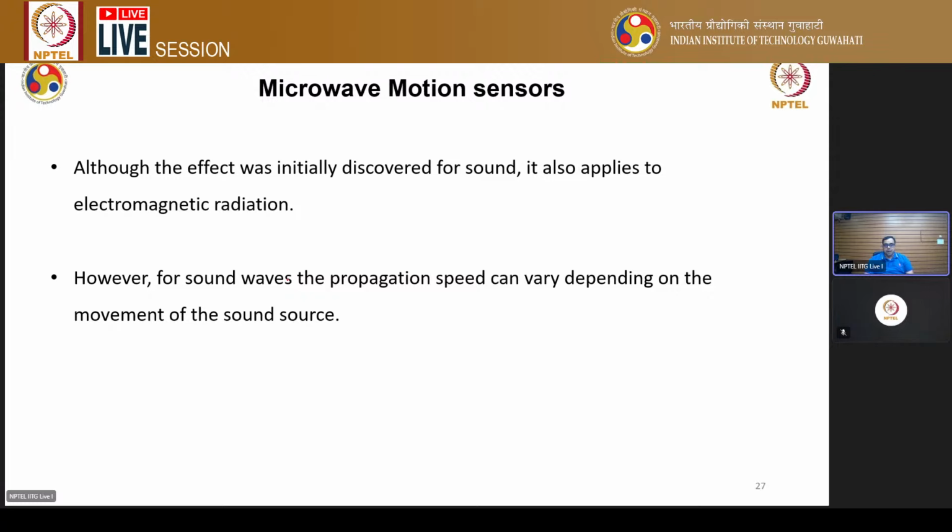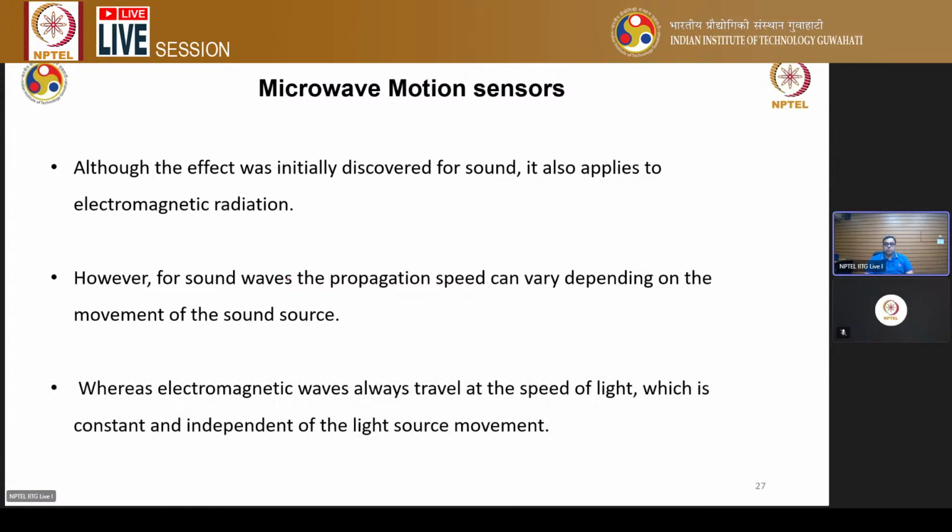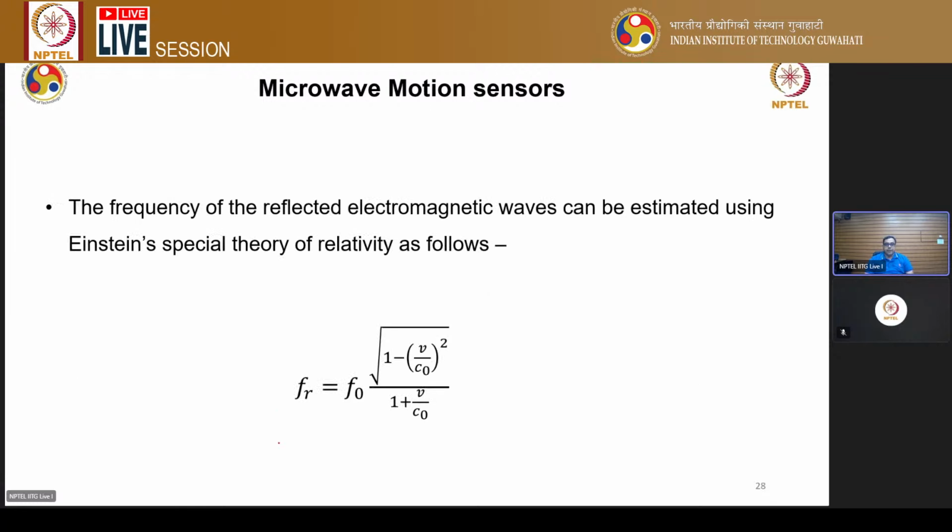For sound waves, the propagation speed can vary depending on the movement of the sound source, while an electromagnetic wave always travels at the speed of light, which is constant and independent of the light source movement in any medium. The frequency of the reflected electromagnetic wave can be estimated using the special theory of relativity as something like this.